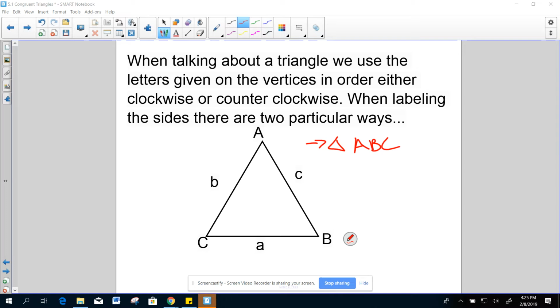When I talk about the sides, I am going to use lowercase letters, and they will be opposite the capital letters that make up the angles. I can talk about the sides as either side c, or I can talk about it as side AB, but they are referred to as segments. So it would be side AB, side BC, and side CA.